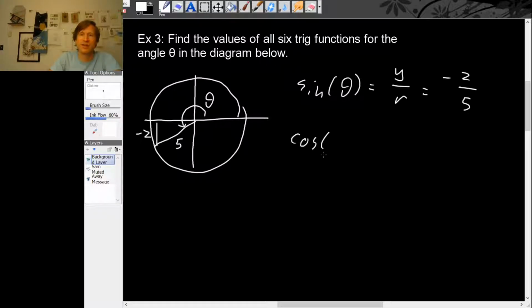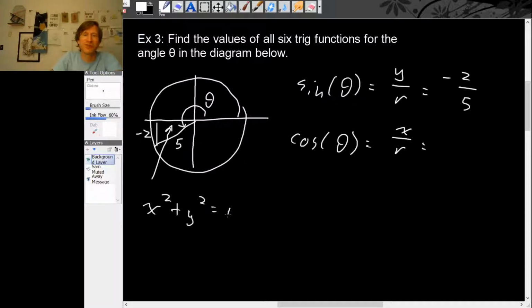For cosine of this angle, that's the x-coordinate over the radius. Well, we're going to need to find the x-coordinate because we don't have it right now. So x squared plus y squared equals r squared because we have a right triangle here.